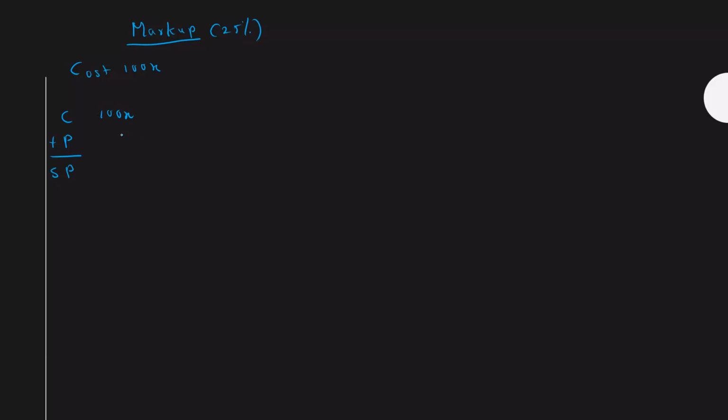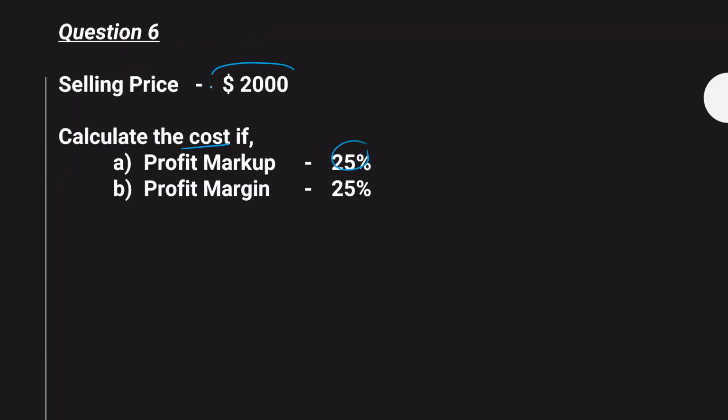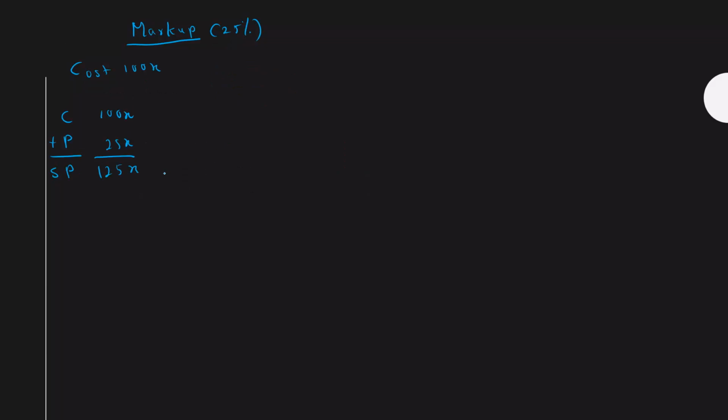So if this is 100x, the profit should be 25x. Then my selling price should be 125x. Now in this question, they have given the selling price, so I know the value of 125x.